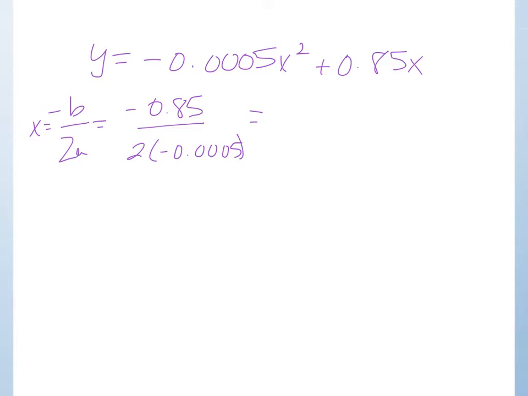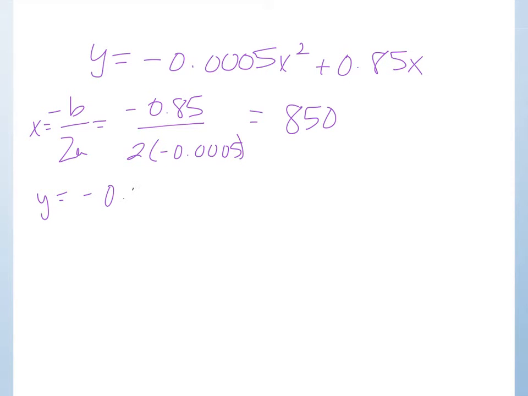I'm going to put that in my calculator. So 2 times negative 0.0005 will give us negative 0.001. Then I'm going to take negative 0.85 divided by that answer, and I'll get 850.